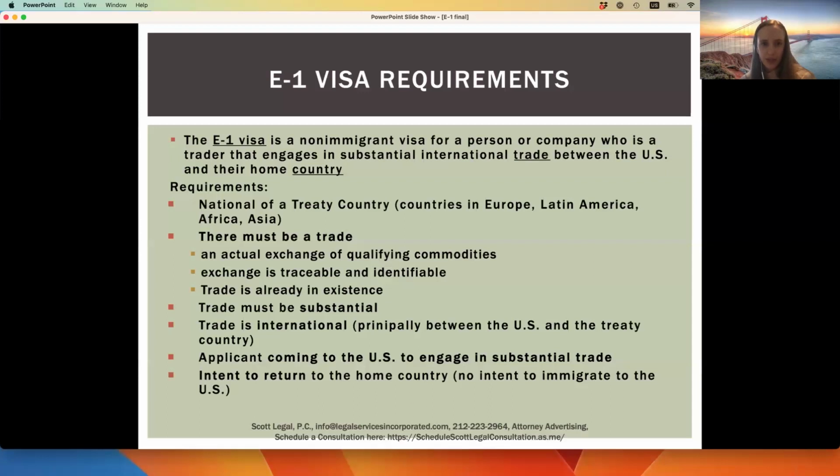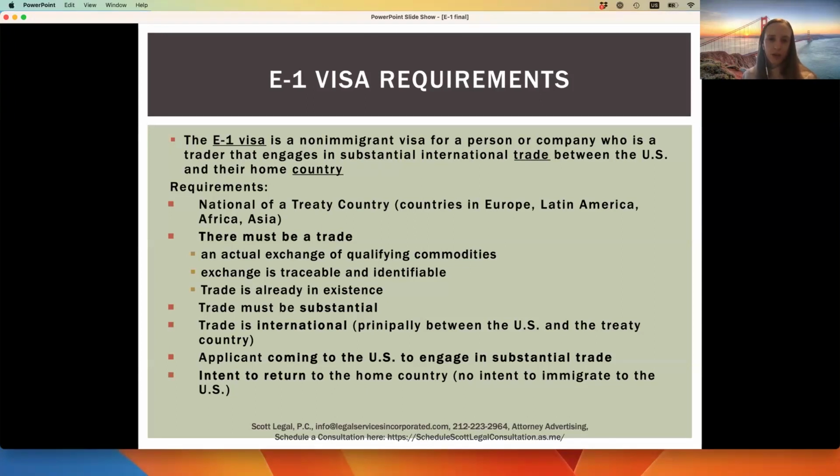What is important here is that you only have to have a passport of an E-1 visa treaty country. You do not have to be born there. What matters is the country of nationality and not the country you were born in.